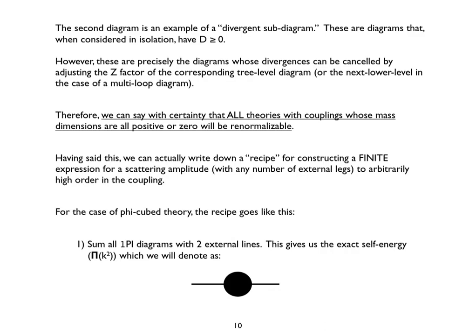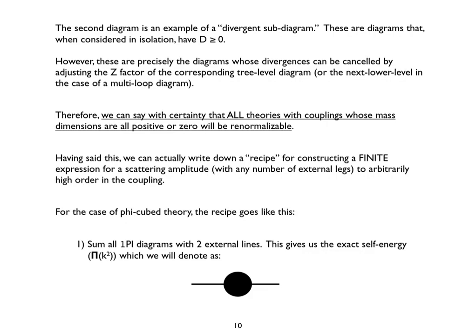So this is the second diagram. It's what we would call a divergent subdiagram. Like I said, when you consider them in isolation, they have d greater than 0. So it looks like the theories might be non-renormalizable, but every time you see that, you have to include the counterterm.